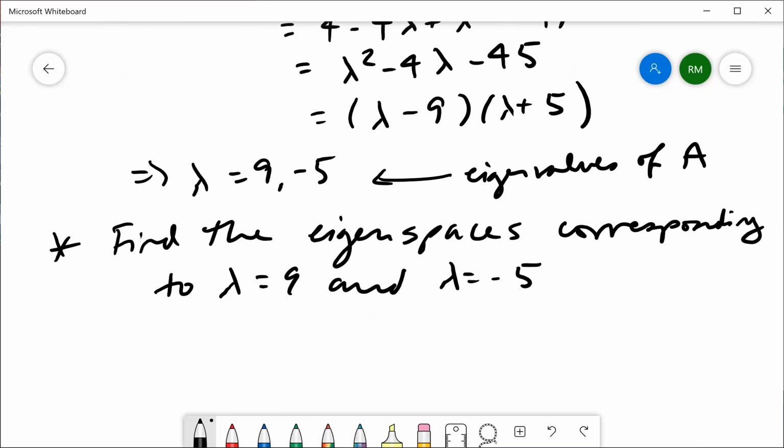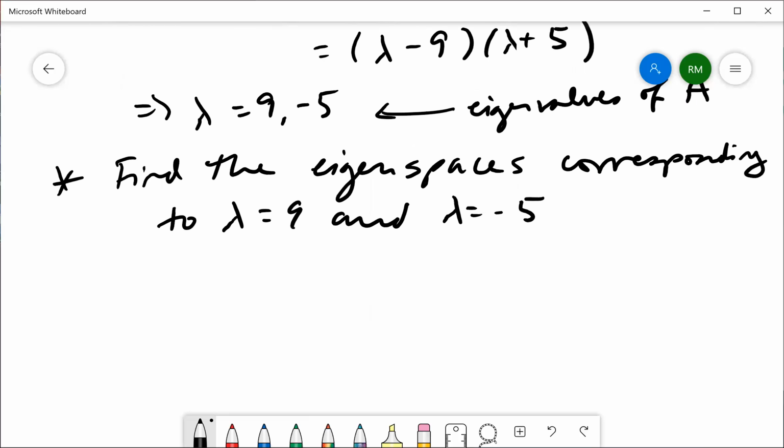So before we do too many examples with computing eigenvectors, it's important to remember the following theorem, or remark really.